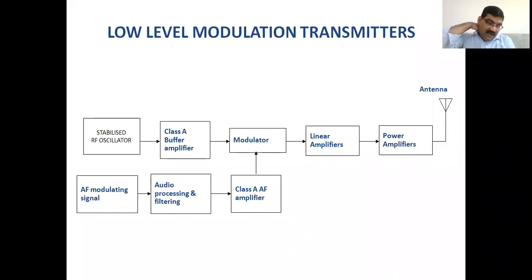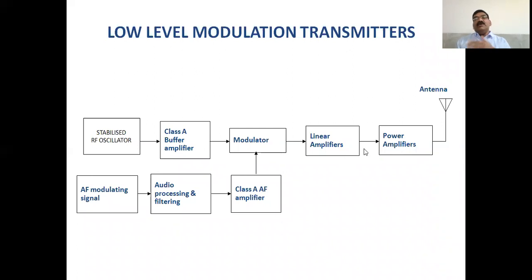Here linearization is most important, because semiconductor devices do not always give linear performance. So we have to make sure that the amplification is done in an appropriate linear manner.